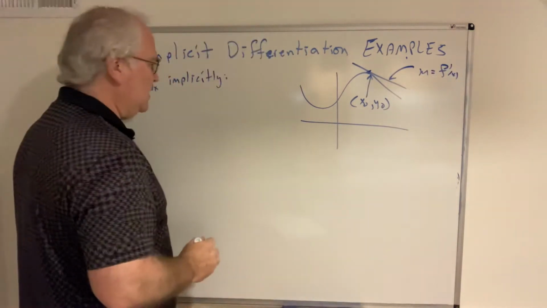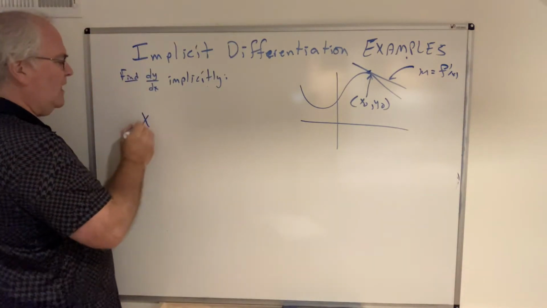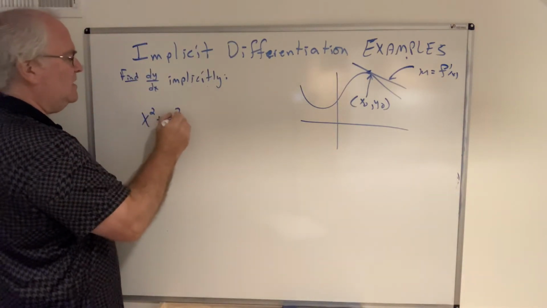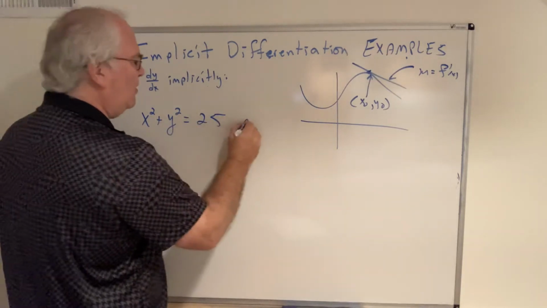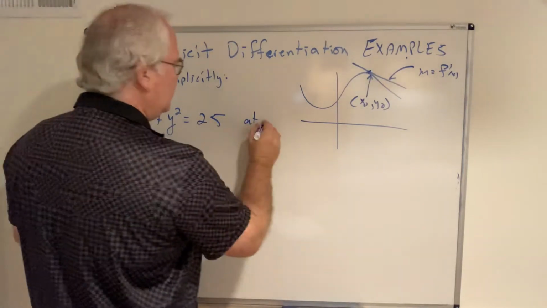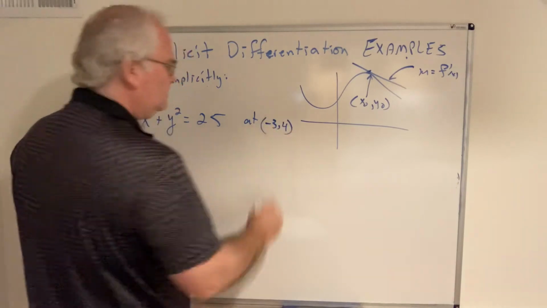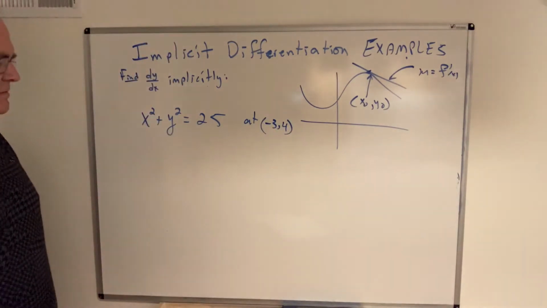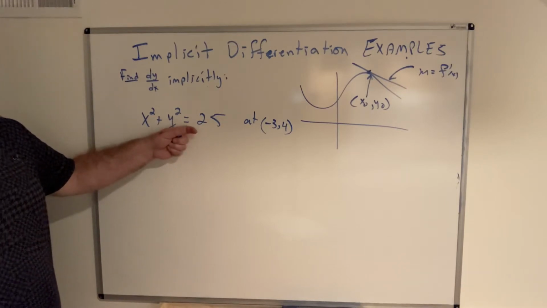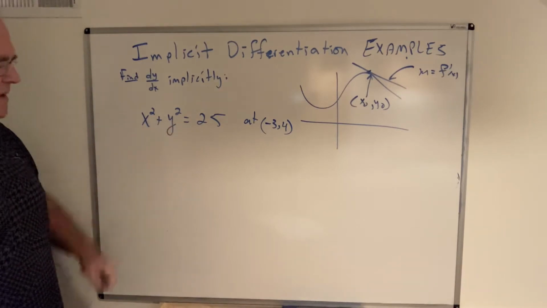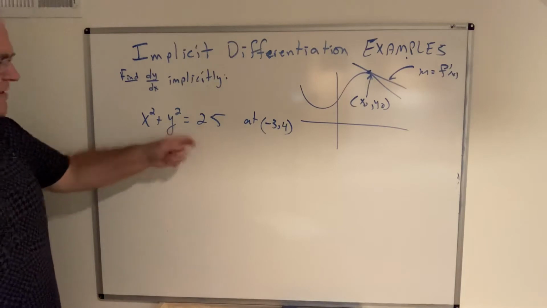Well, now the difference is we might have x squared plus y squared is equal to 25 at the point, let's say, negative 3, 4. Now, we know what that graph is. We know because we've been through basic algebra that it is the equation of a circle of radius 5.